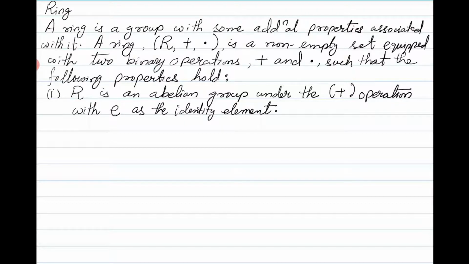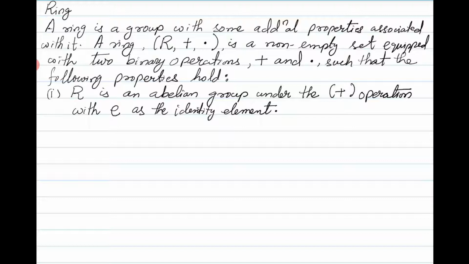So what are the properties that should actually hold? R should satisfy the closure property, the associativity property, existence of a unique identity element for the plus operation, that is 0, and existence of a unique inverse corresponding to each element in R for the plus operation.